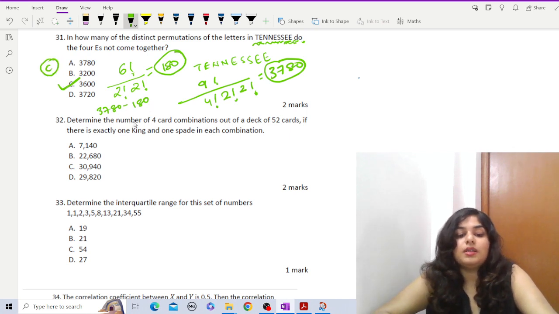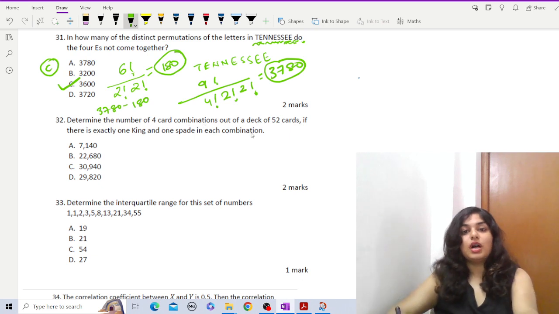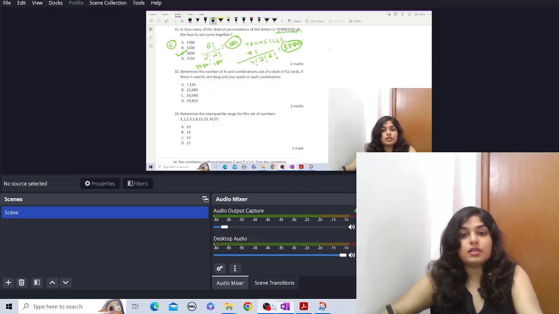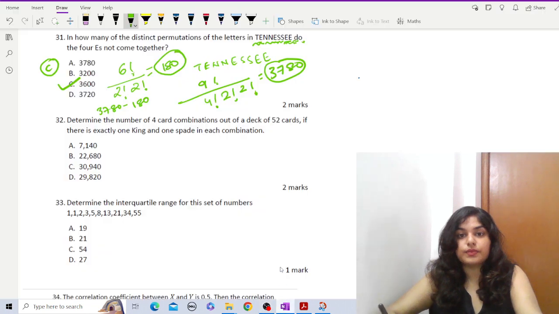Next, determine the number of 4 card combinations out of a deck of 52 cards, if there is exactly 1 king and 1 spade in each combination. Okay, 4 card combinations we are talking about here. So basically exactly 1 king and 1 spade.